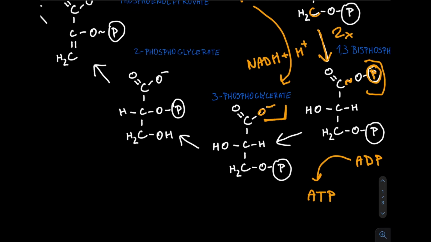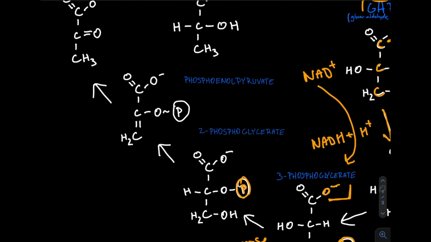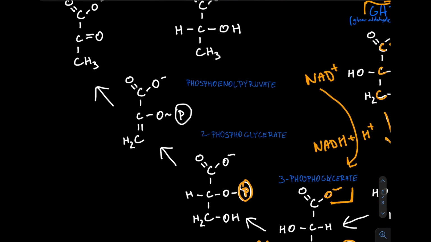The next reaction is again catalyzed by the enzyme isomerase. This phosphate group relocates here, and it's the only thing that happens in here, very simplified, and it creates 2-phosphoglycerate. The next reaction is dehydration.